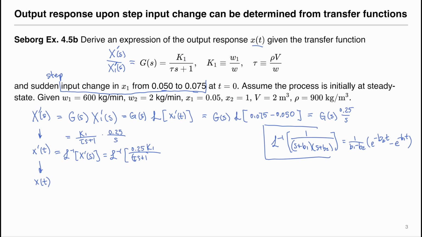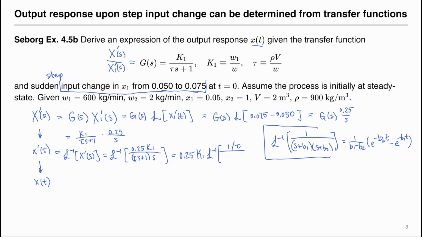We want to write it in terms of the function form that is found in the table. To do that, first take out the constant, which is 0.025 k1. For the Laplace transform of 1 over, we want to write s with a coefficient of 1, so we divide the top and bottom by tau.